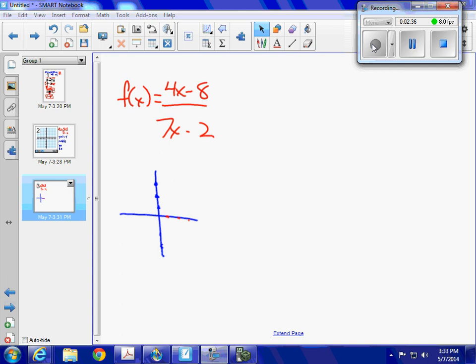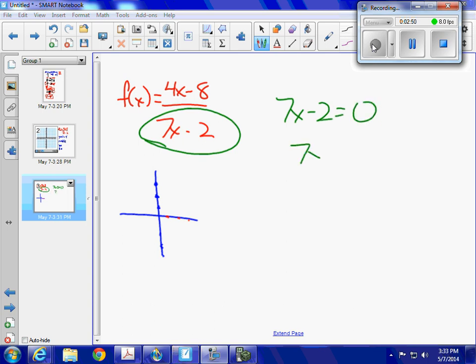Well, my vertical asymptote is what makes my denominator equal to 0, because I can't have any points there. So 7x minus 2 equals 0, 7x equals 2, x equals 2/7. That is my vertical asymptote.